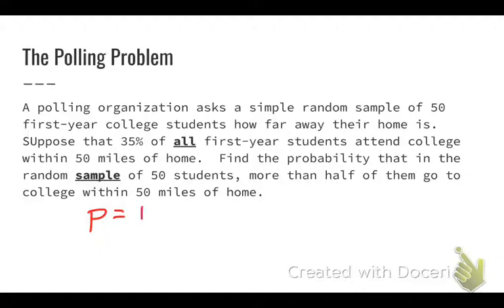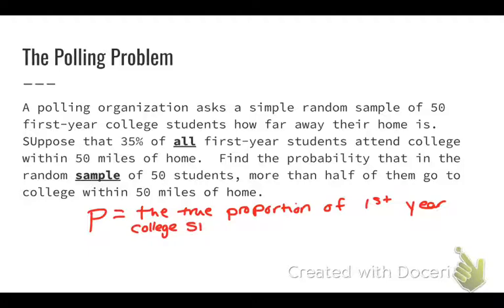So my p in this case is the true proportion of first year college students who live within 50 miles.